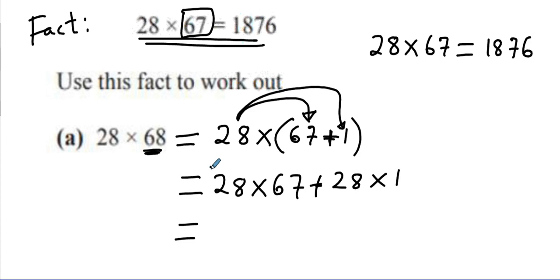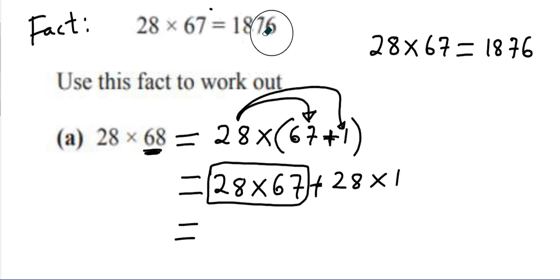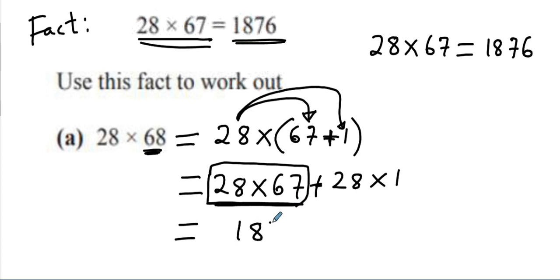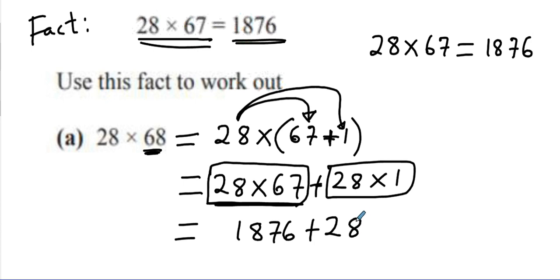But remember what it is? 28 times 67 is here. So 28 times 67 equals 1876. So in place of these 28 times 67, we write 1876. Okay, plus, what is 28 times 1? 28 times 1 is 28. See that?